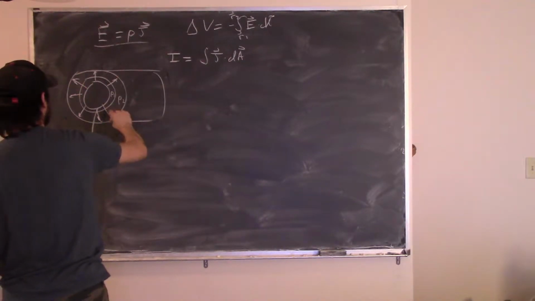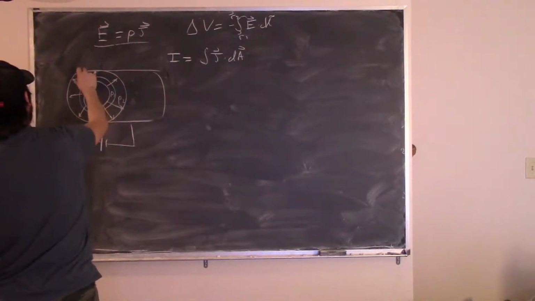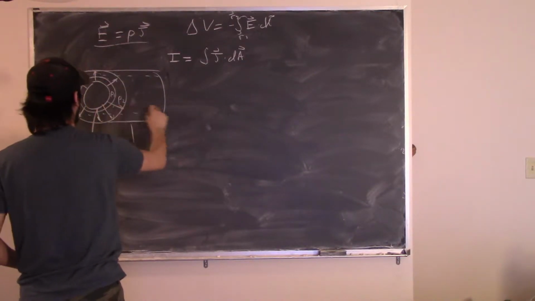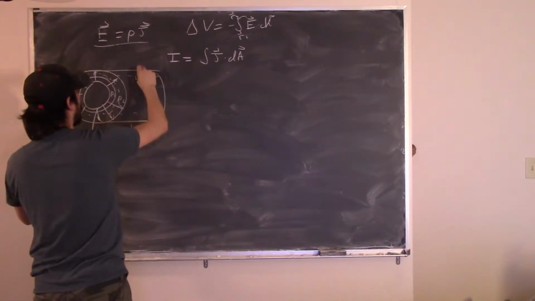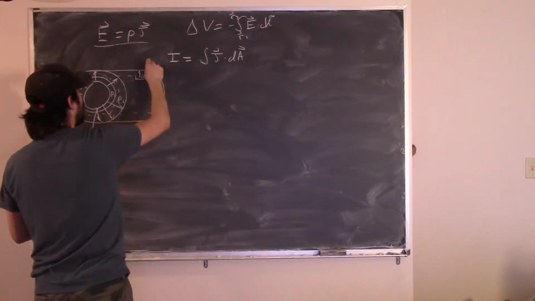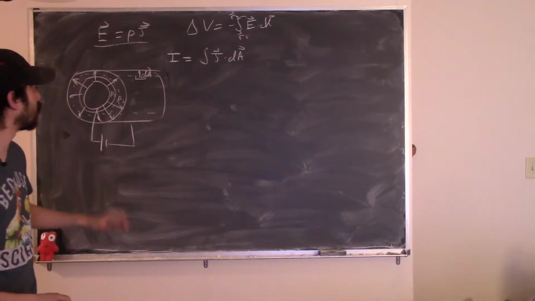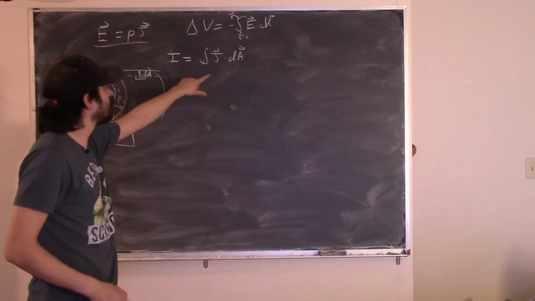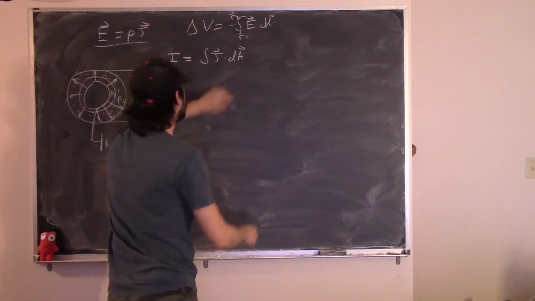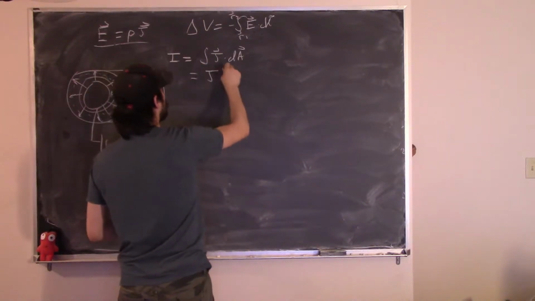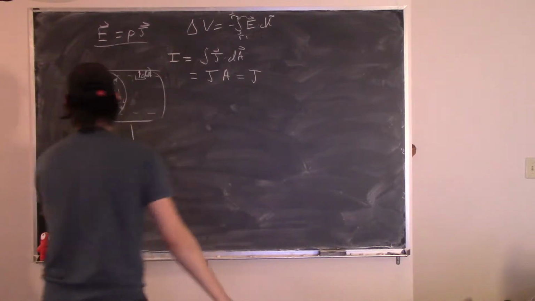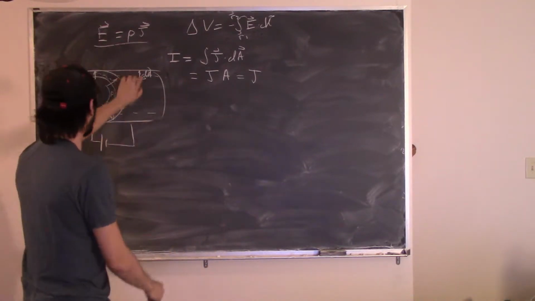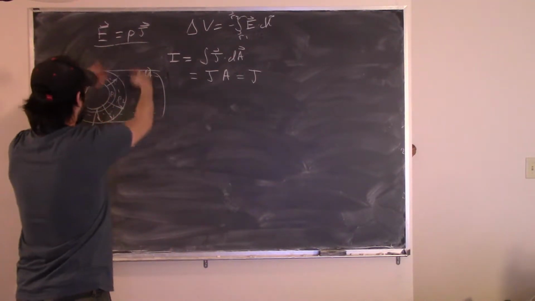And so what that means is there's some imaginary surface that is the outside of some cylinder that is going to be the area, so this could be some dA, that the current is going to be flowing through. The reason why that's important is because we want to evaluate this integral right here, and so this is going to be J times A, where A is equal to the area of this cylindrical shell.